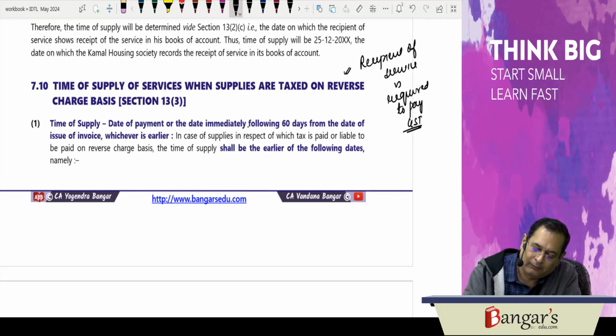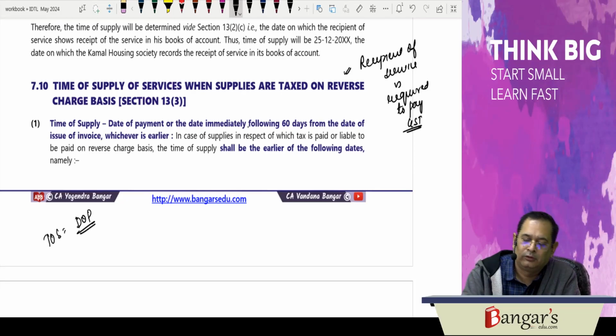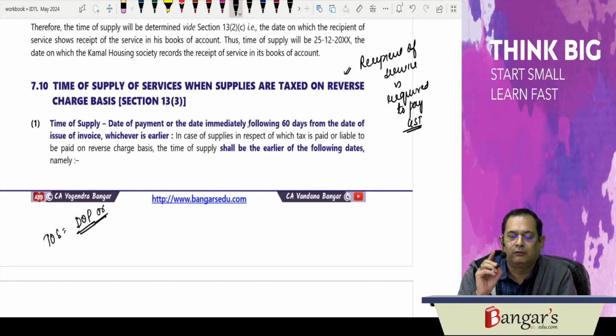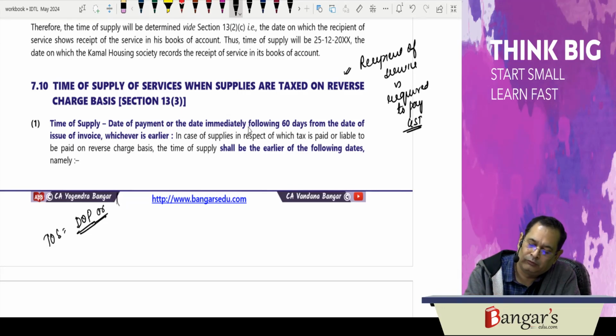Now, what is the time of supply of service? Here, it is the date of payment, or, if payment is not made within 60 days from the date of issuance of invoice, it will be the 61st day from the date of invoice, whichever is earlier.